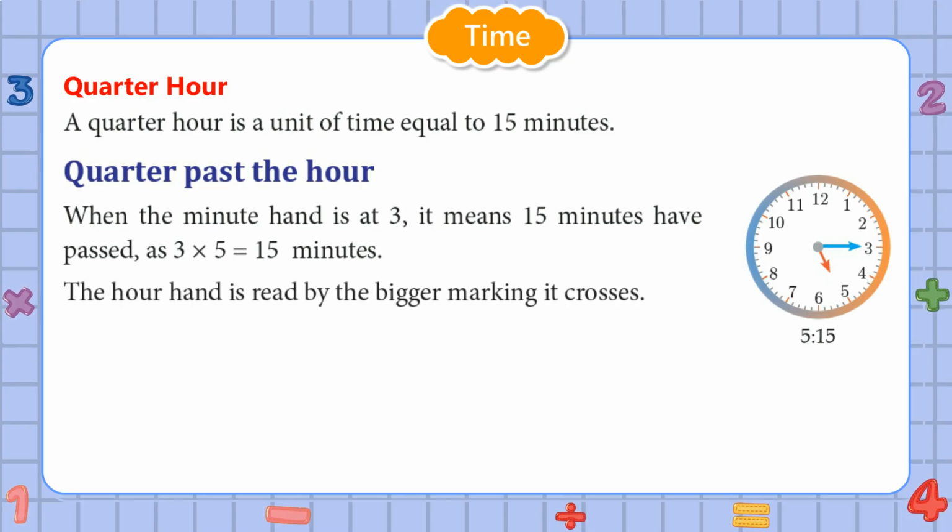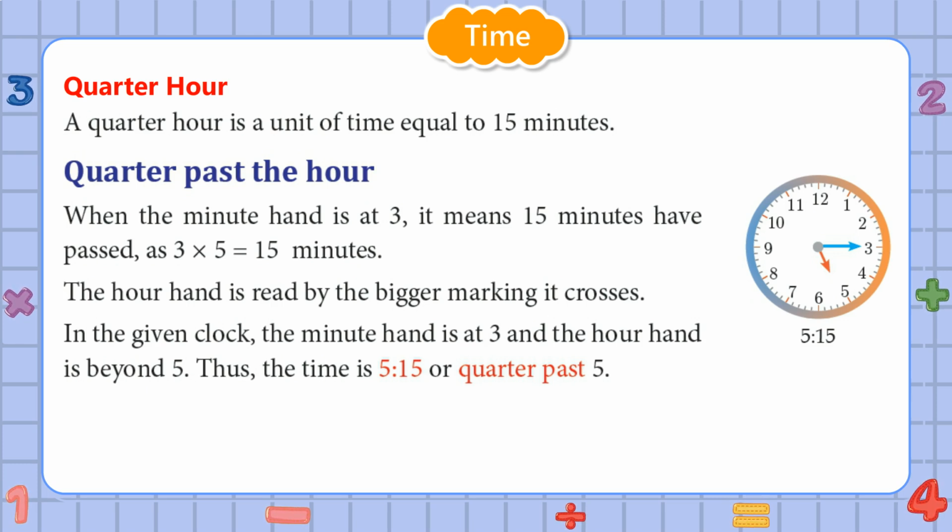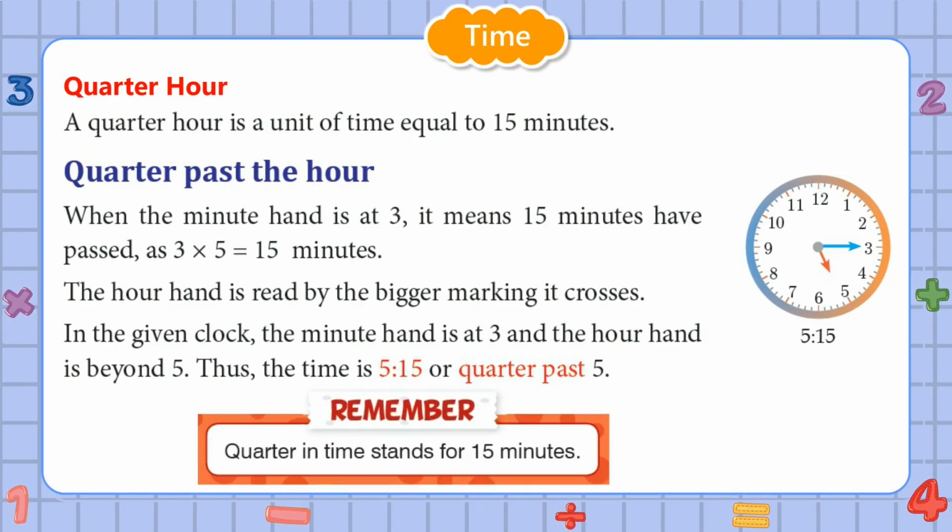The hour hand is read by the bigger marking it crosses. In the given clock, the minute hand is at 3 and the hour hand is beyond 5. Thus, the time is 5:15 or quarter past 5. Remember, quarter in time stands for 15 minutes.